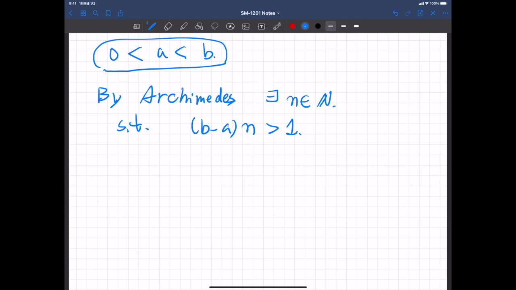So by dividing both sides by n, we have b minus a greater than 1 over n. Move a to the right-hand side and swap sides. We have a plus 1 over n less than b. Right? And then we apply Archimedes principle again.